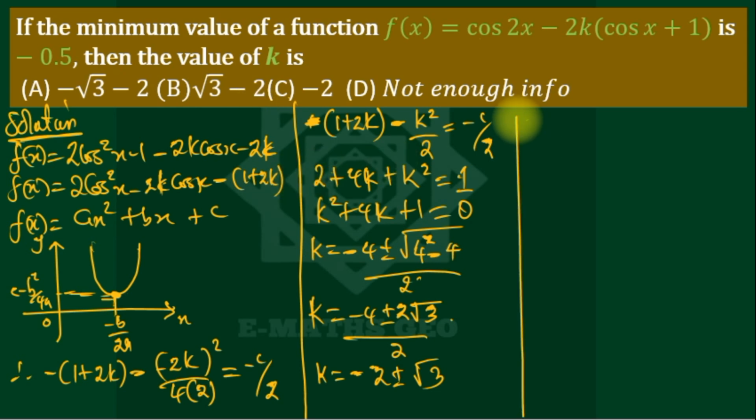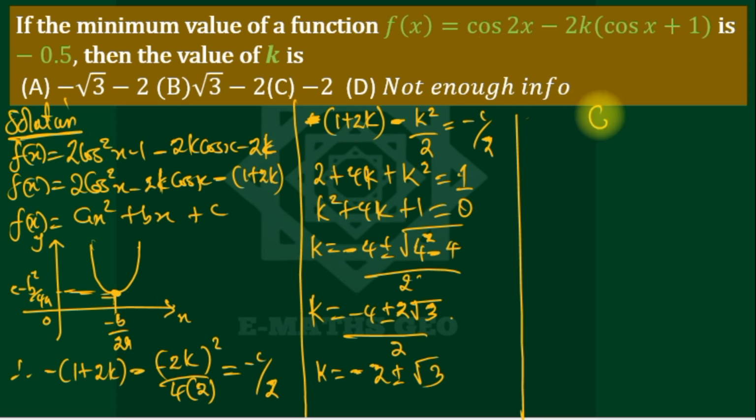If you remember, for every cosine function, the minimum is minus 1 and the maximum is 1. Cosine of any angle is between minus 1 and 1. So this is a cosine function, our x is cos x.